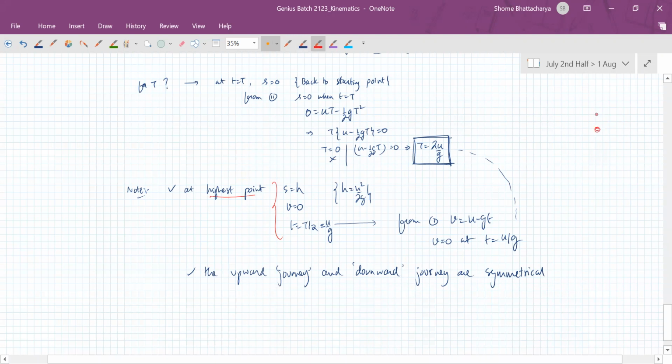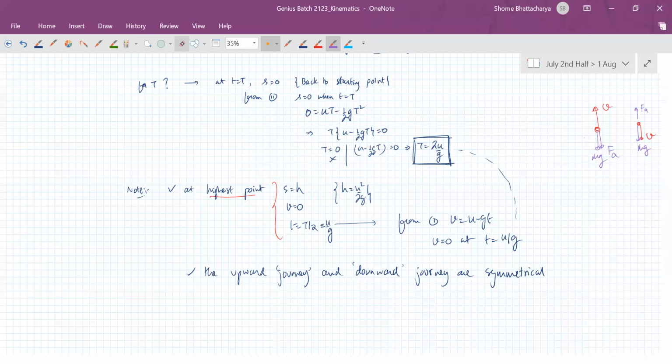If something is moving up with a velocity v, the air drag force Fa will be downwards, and of course weight is also downwards. Whereas when that same thing is on its way down, the air drag force becomes upward and gravity is downward. So you can see the net force is not symmetrical. While coming down, it has a smaller magnitude of acceleration compared to the deceleration while going up. So the journey will not be symmetrical.